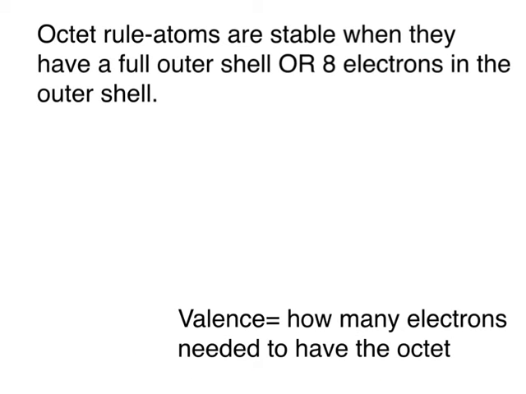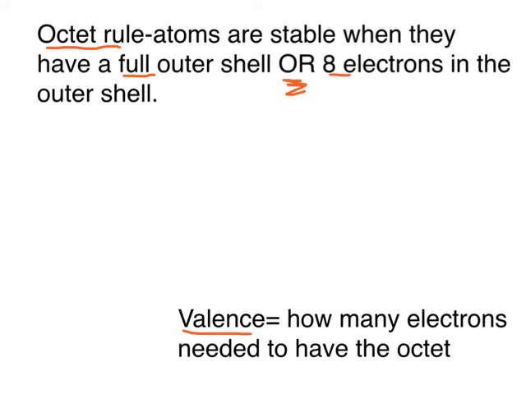All right, finally, last bit of vocab that you need to be aware of here is the octet rule and valence, okay? And these are going to be important when you're talking about biochemistry. So octet, octo, you know, means 8. The octet rule says that atoms are stable when they have either a full outer shell or 8 electrons in the outer shell.